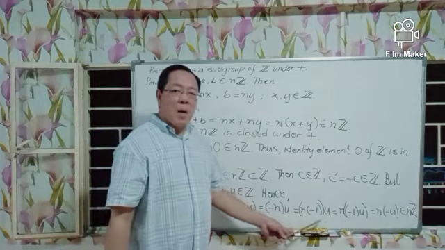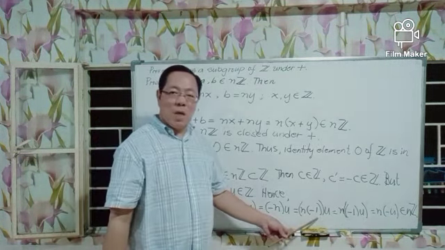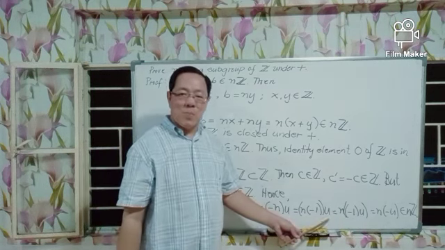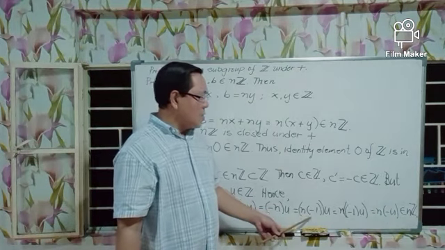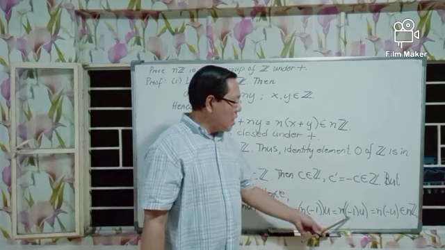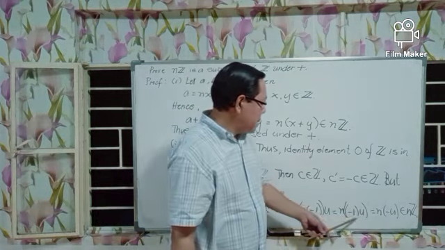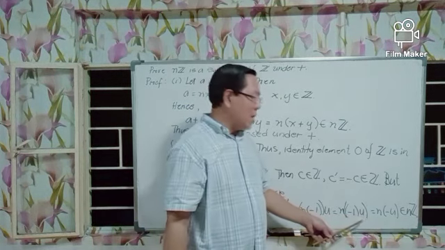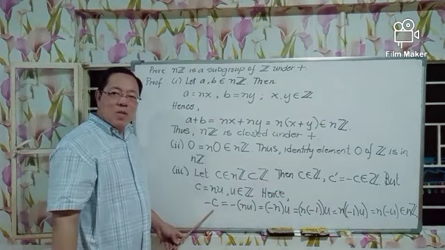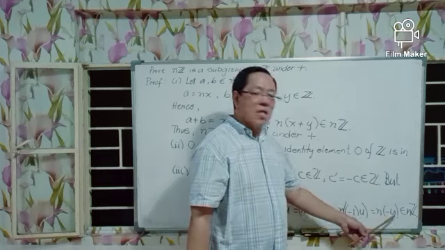And by the commutative property, negative 1 times n equals n times negative 1. And to this one, we apply again the associative property. By the associative property, quantity n times negative 1 times u is equal to n times the quantity negative 1 multiplied by u. But negative 1 multiplied by u is equal to negative u. Therefore, we have shown that negative c is equal to n times negative u.